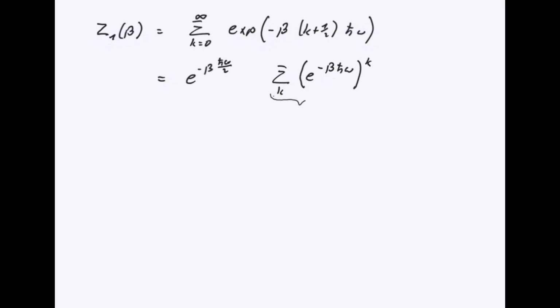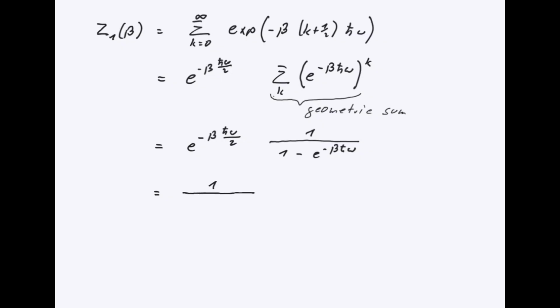we see that the sum is nothing else but the geometric sum for which we know the result. Now, using on top the definition of the hyperbolic sine, we obtain a very compact equation for the single harmonic oscillator partition function Z1(β), given by 1 divided by 2 sinh(β ħω/2).